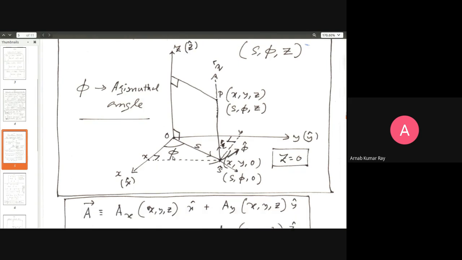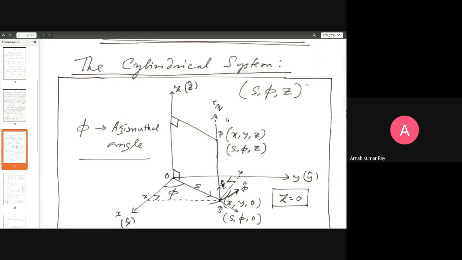You are looking at the screen right now, and the x-axis is directly pointing towards you. The y-axis is pointing to the right, and the z-axis is pointing to the top. All three axes start at the origin of coordinates O. Okay, fine. So I have asked you to come to this point P, which is suspended somewhere in three-dimensional space.